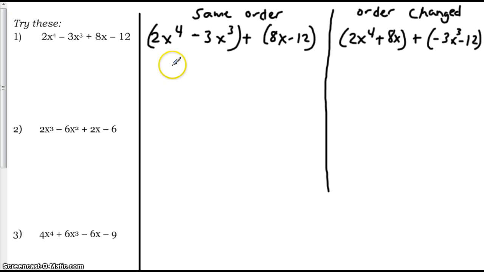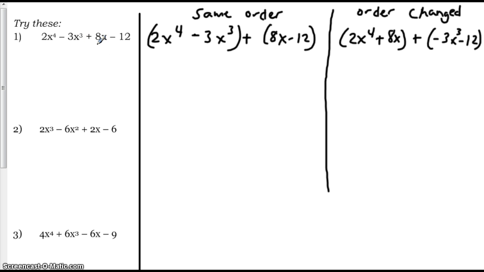The first thing I want you to see for number 1 here is that you can keep them in the same order and group them in the same order that they're in. Or if you felt like the 2's were screaming at you more, or the 3's were screaming at you more, you could change the order.